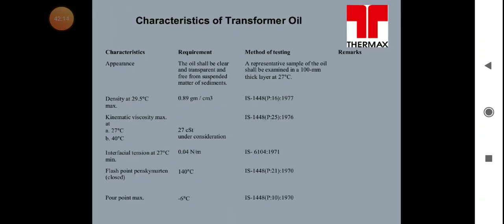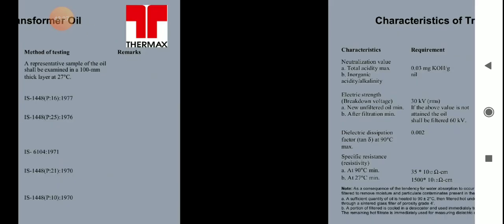We may have these characteristics also. Transformer oil, we use the transformer oils. Why are we using this oil? This oil shall be clear and transparent and free from suspended matter of sediments. This oil is used for cooling the transformer.